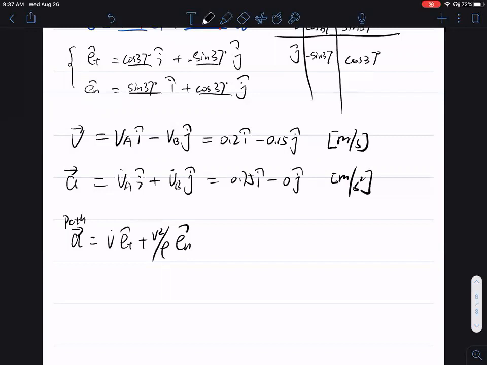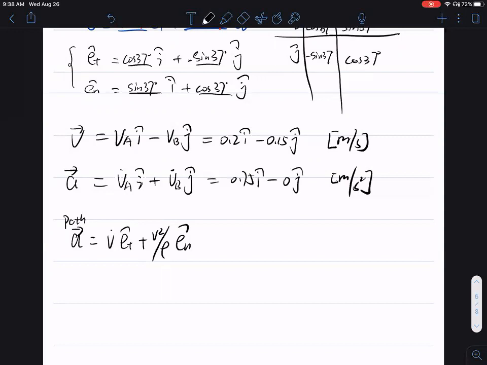We know this A equals 0.75I minus 0J as the acceleration of that particle. This is a path coordinate system acceleration of that same particle. Can I add an equal sign between them? They are both accelerations for the same particle.